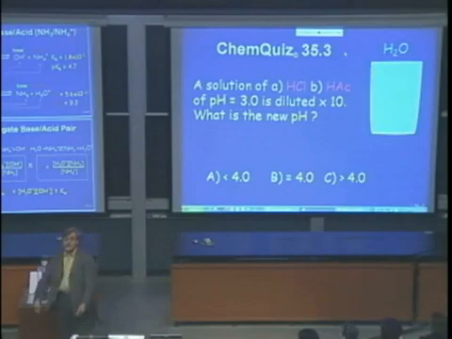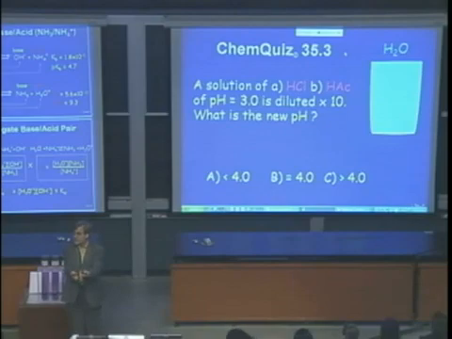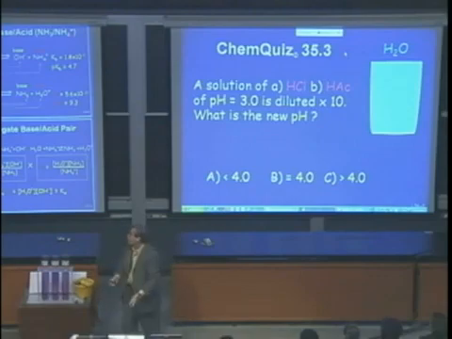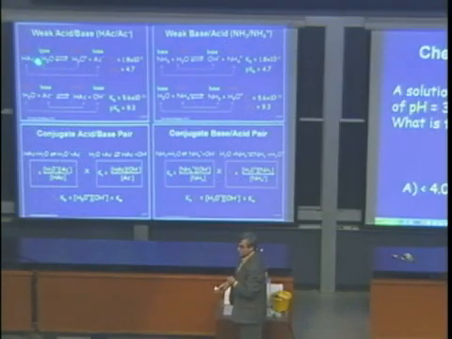So we agree when you have 10 to minus 3 moles per liter of H3O plus in solution and you dilute this by a factor of 10, you instantaneously have 10 to minus 4 moles per liter. But it doesn't stop there, because it's a weak acid, and that weak acid suddenly sees lots of water.